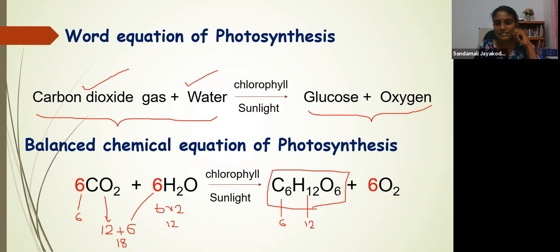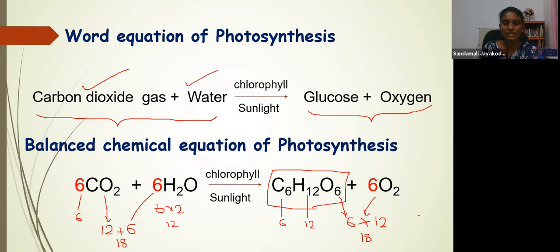Now let's see whether there are 18 oxygen atoms on this side. Here it is 6 into 2, 12. So 6 plus 12, we have 18 oxygen atoms on this side too. Can you see, Minindu? Is that clear? Yes, miss.